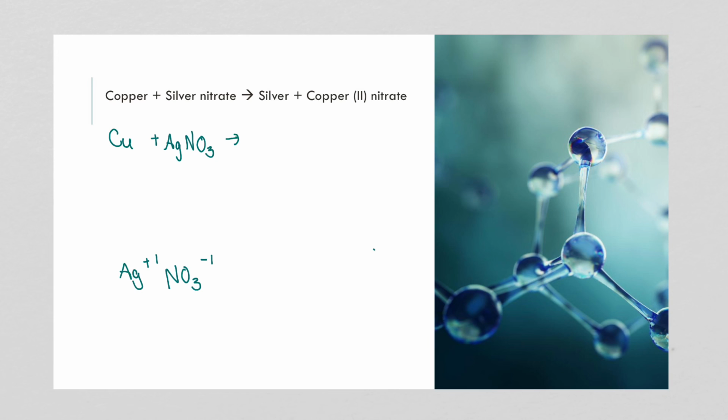And that makes silver, again a metal, so it's going to hang out by itself. And then copper 2 nitrate. So Cu, copper has a charge of 2. We know nitrate has a charge of -1. So we're going to have to put brackets and bring that 2 down. So it's going to be Cu(NO3)2.